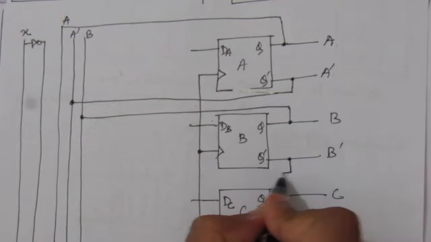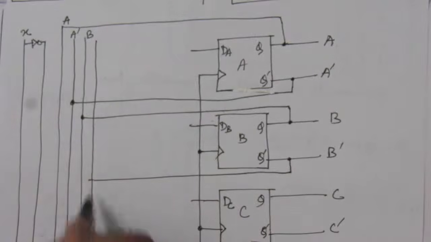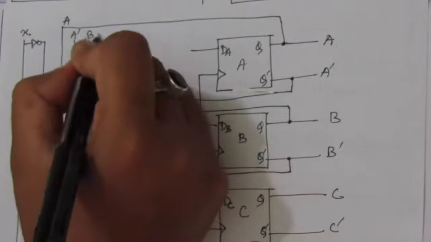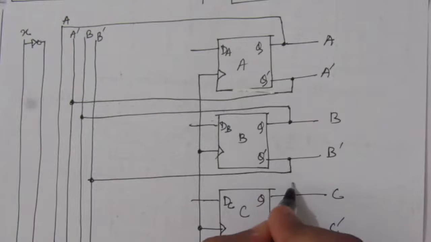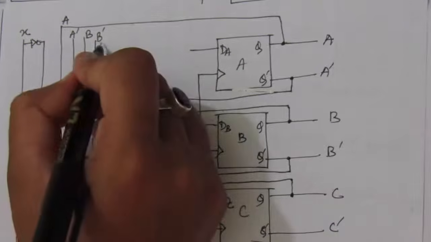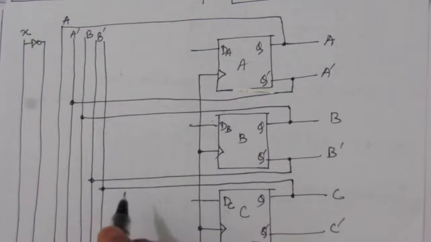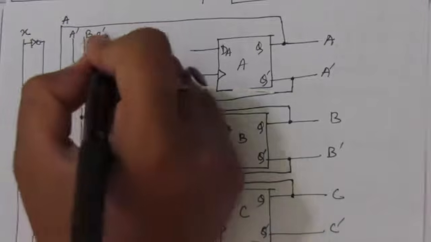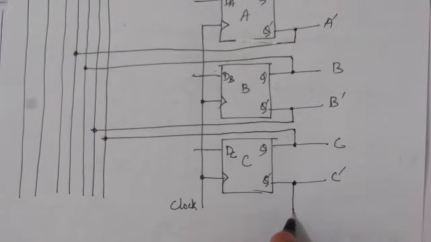So take a connection from here and draw a line for B complement. Okay, so this line will represent B complement. Next we have C. Take a line from C and draw an input line. So whatever we have in the functions, we will connect from these lines. This is nothing but C, and this last line is the C complement. So draw a line from here.